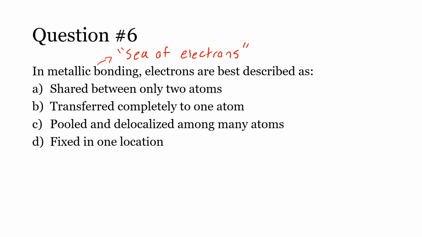And if we think of a sea, the water is just kind of mixing, it's not all in one place, it's able to move around. And what we're going to end up with is that these electrons are going to be pooled and delocalized, meaning that they're not just in one space, they're able to move around. And they're going to move around through a lot of different atoms. And this is what causes our metals to be conductive.